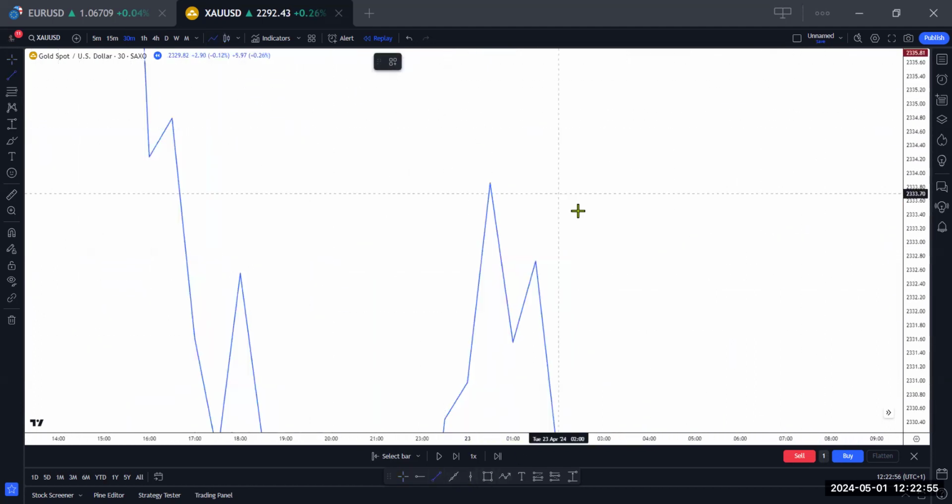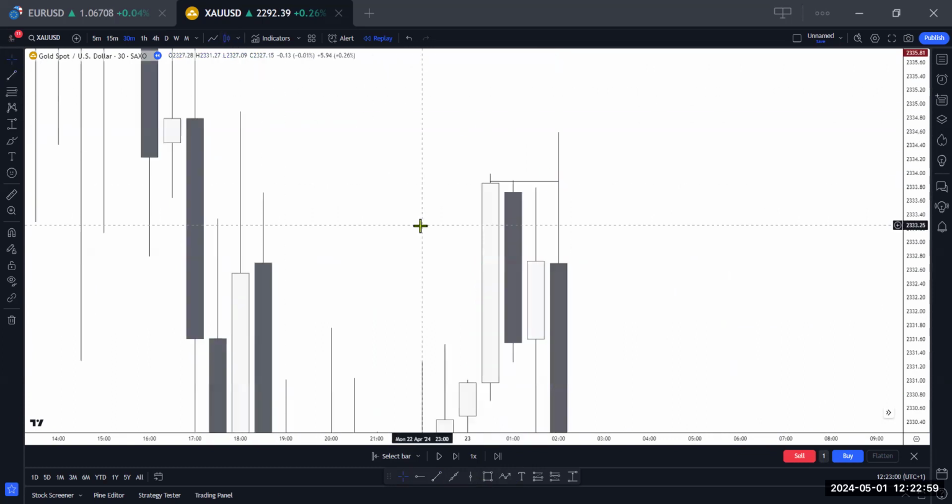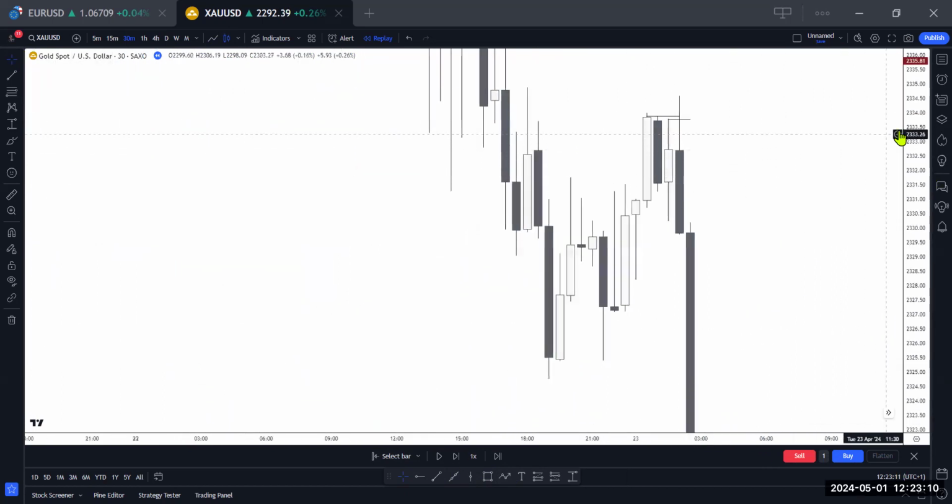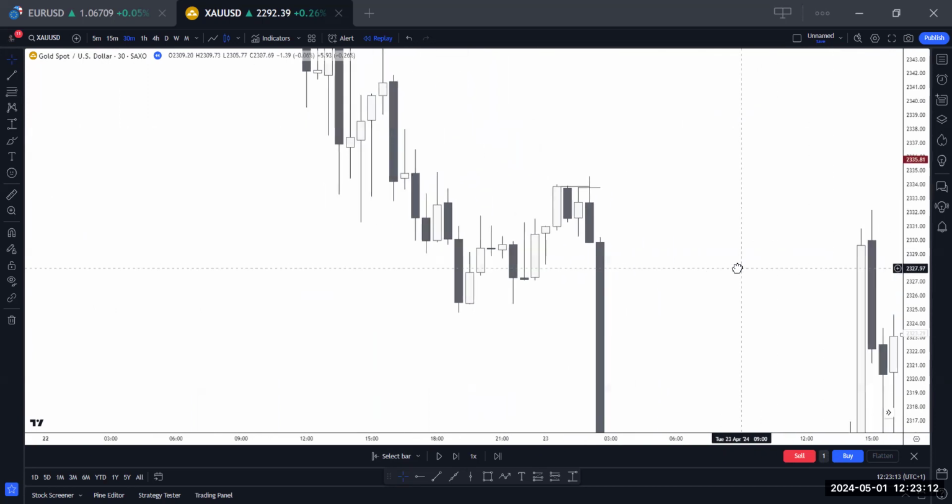So where's the SNR level? This is the SNR level. Where's the first failed attempt to use that level? This is the first failed attempt to use that level. So when price taps into my SNR level, I'm expecting a short down. Again, these are best for continuation setups.